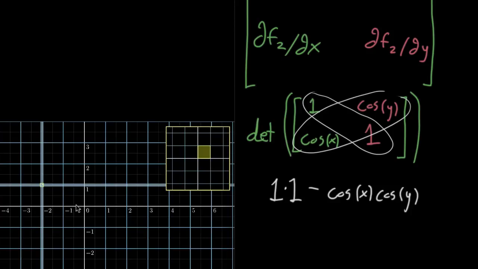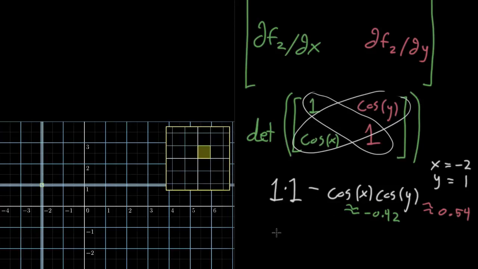And as an example, let's plug in this point here that we're zooming in on, -2, 1. So I'm going to plug in x is equal to -2 and y is equal to 1. And when you plug in cosine of -2, that's going to come out to be approximately -0.42. And when you plug in cosine of y, cosine of 1 in this case, that's going to come out to be about 0.54.